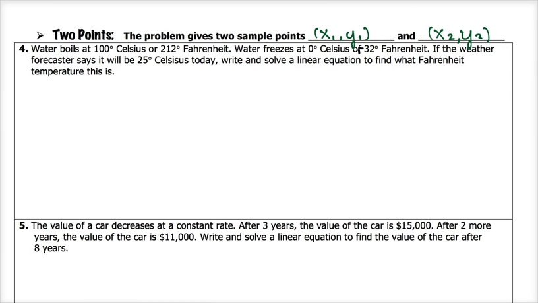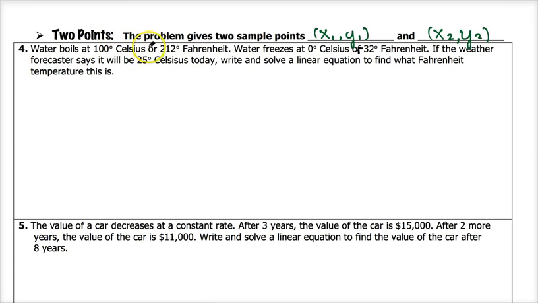So in this problem, we've been given 2 separate x and y values. We've been given a Celsius and a Fahrenheit for 2 different instances. Okay, so we could say that our x value is the degrees Celsius, and our y value is the degrees Fahrenheit each time.